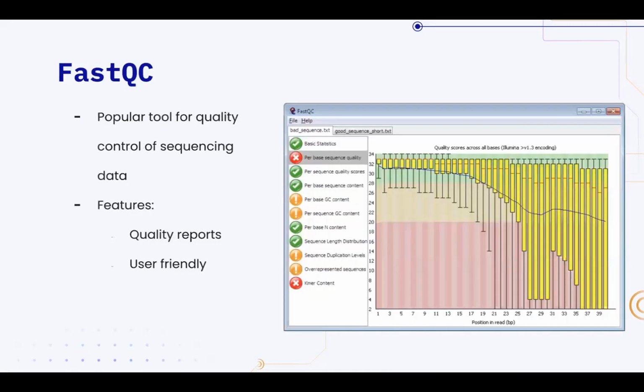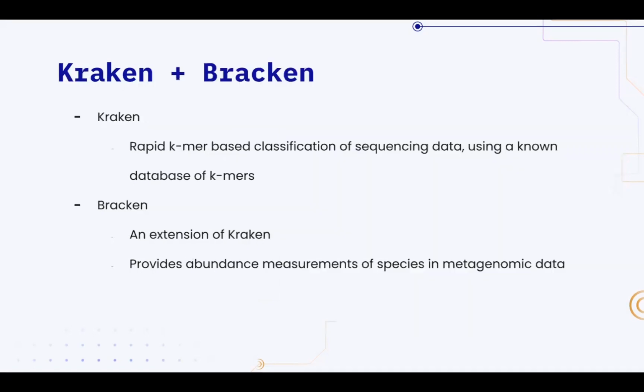So let's take a look at some of the tools that we're going to be using. FastQC is a popular tool for quality control of sequencing data. To the right, you see an example report that would be output by this tool. It's really meant to be user friendly and just provide reports on the quality of your sequences. Next, what do Kraken and Bracken do?